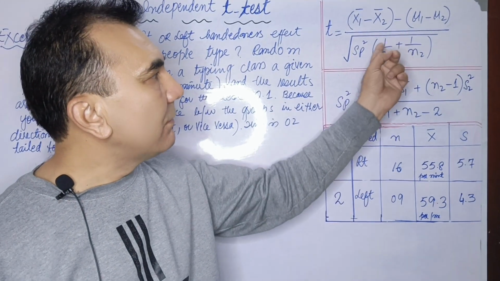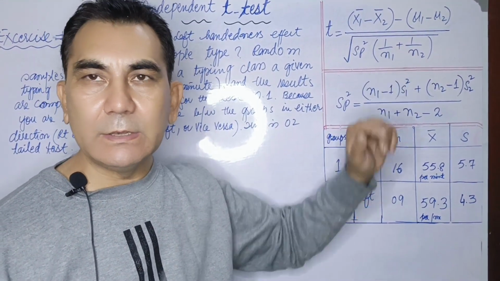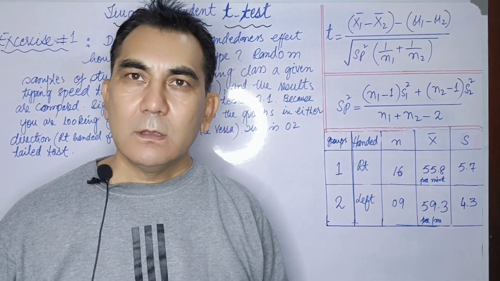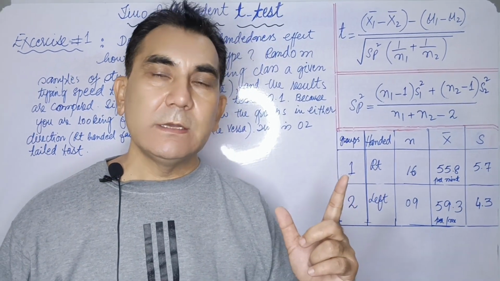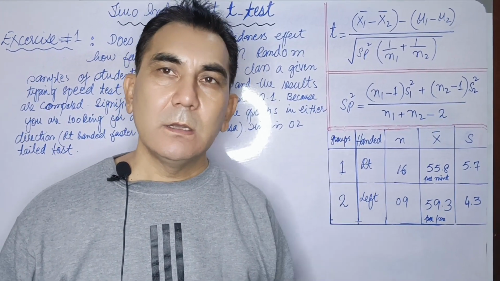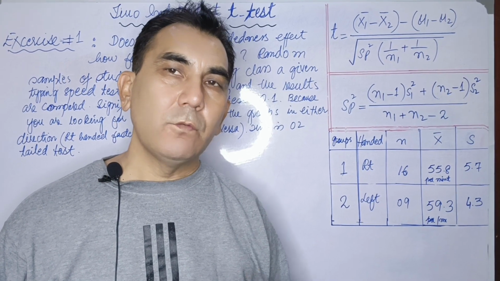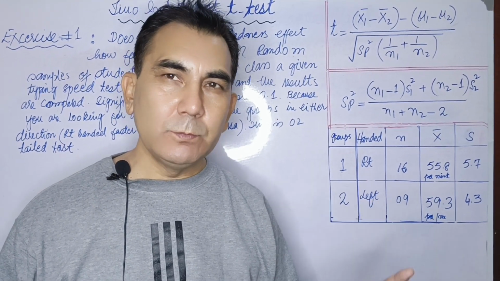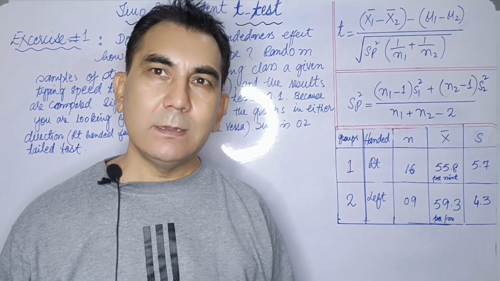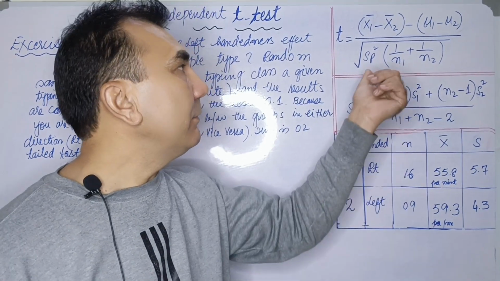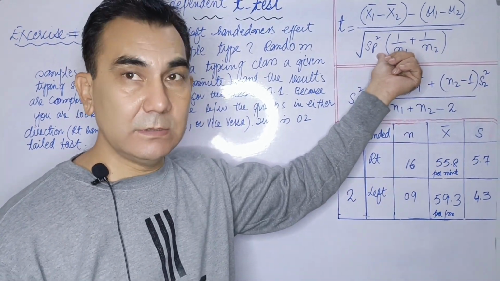Then we divide by the pooled variance, which we use where the variances of the two populations are assumed to be equal.